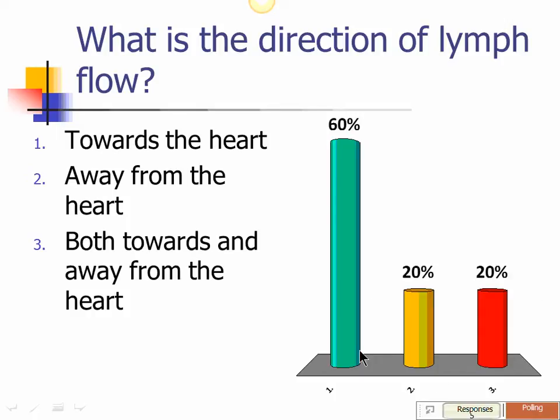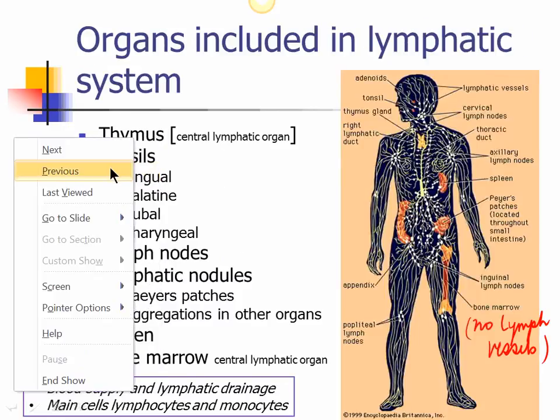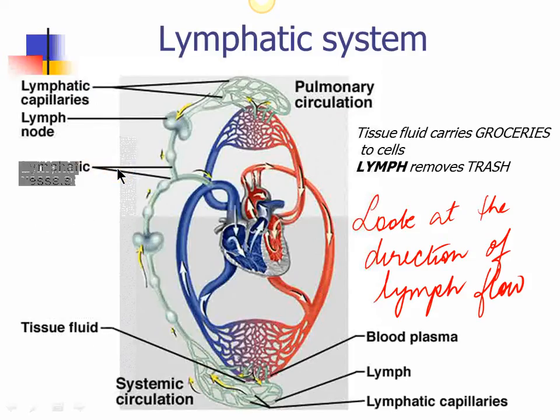It is towards the heart, not away from the heart, or both towards and away. Let's go back and look at that picture. Remember, lymph vessels take the fluid back into circulation, which means they are like veins. They are going back into the blood circulation. Notice the direction it's going.